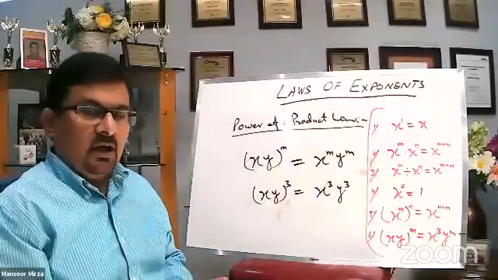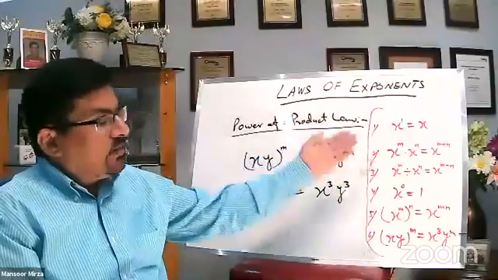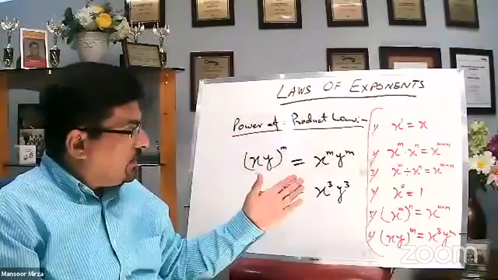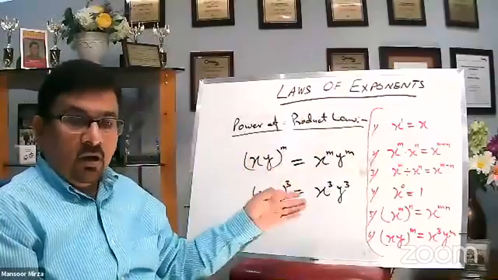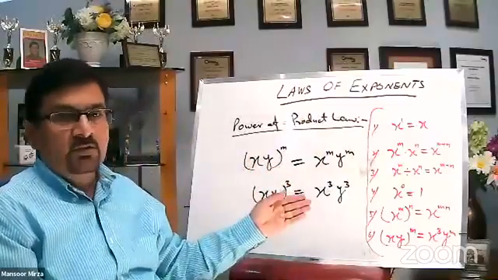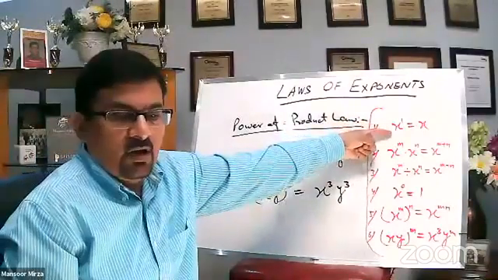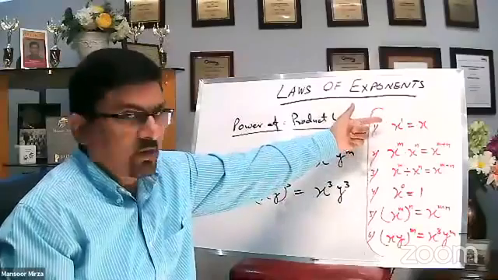Remember, anytime you are seeing any of these, you should be getting a clear understanding that we are talking about laws of exponent, and the names of these laws, simple from their calculation, is this is law one, exponent one law.